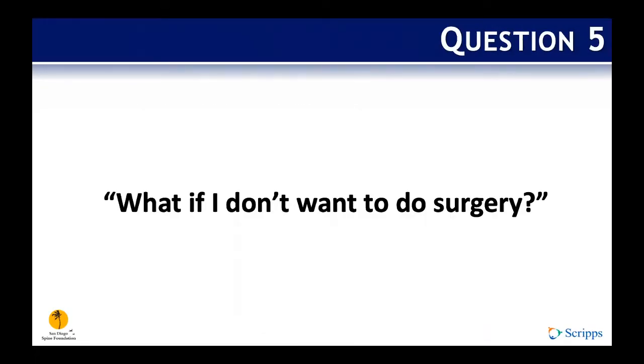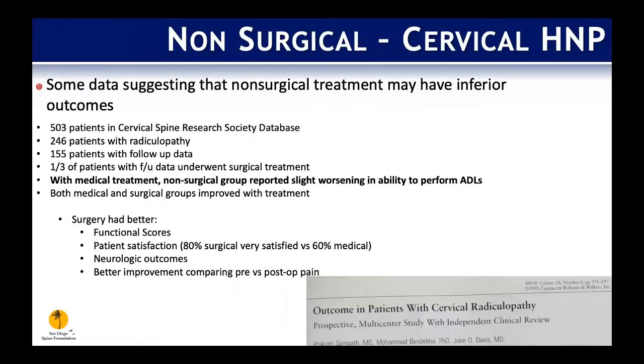And then Mr. Jones says, what if I don't want to do surgery? And so I think part of this, at least with regards to cervical radiculopathy, this study suggests that non-surgical treatment, while it's appropriate, it may lead to slight worsening in certain outcomes, specifically the ability to perform activities of daily living.